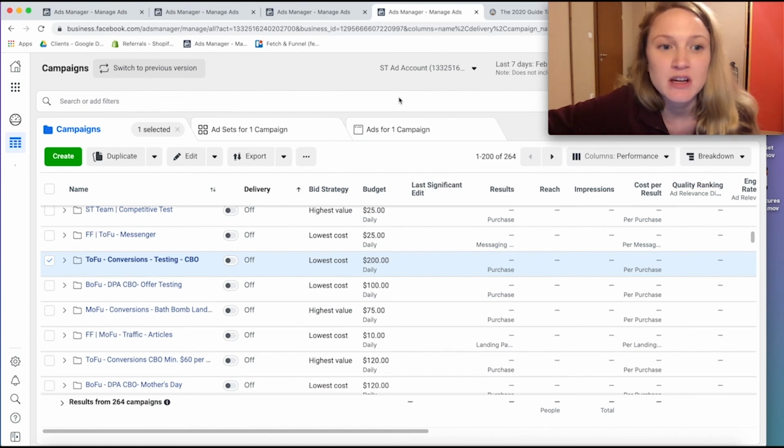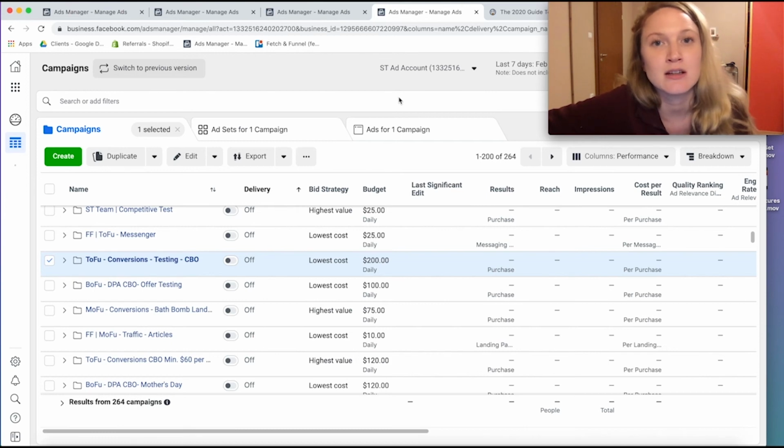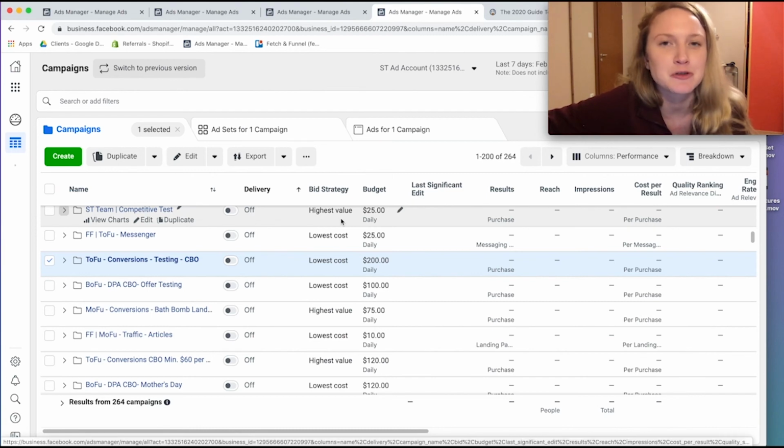Now, the reason why this is so important is because when CBO becomes mandatory across all Facebook accounts, we're not going to be able to test different ad sets using ad set budgeting. So in order to make sure that all the ad sets you're testing get the proper amount of budget, there is a way that you can make sure that there's a minimum spend.